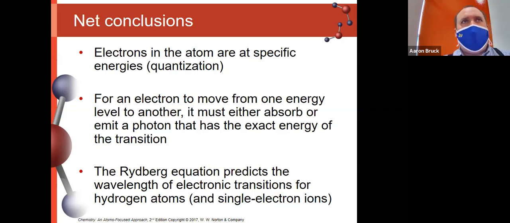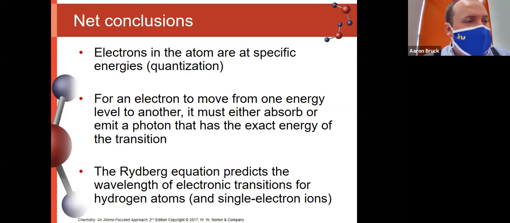To move from one energy level to another, it's going to have to gain the exact amount of energy to go from one energy level to the next. And when it goes down in energy, it's going to release that exact difference in the energies between the two energy levels that it travels between.